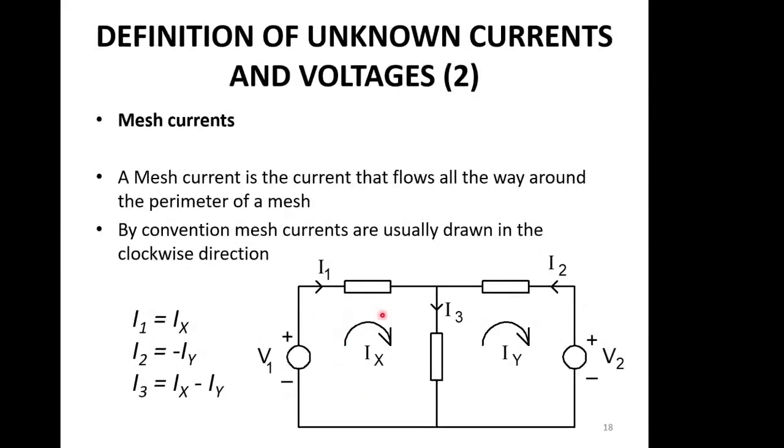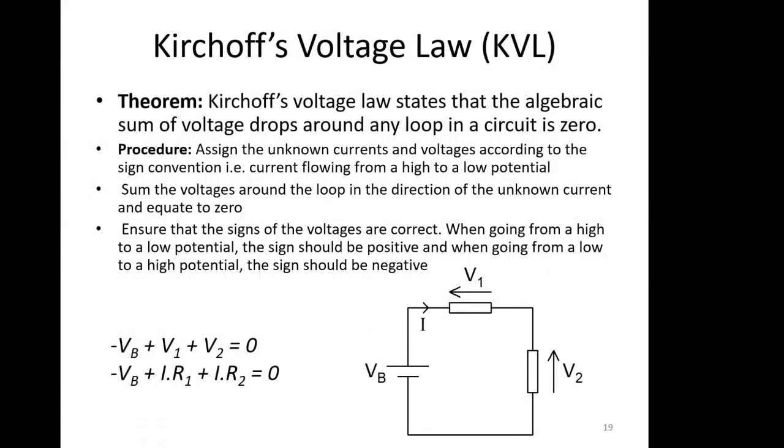So Ix is a sort of abstract concept, and you've got to be very careful where you measure it. You could measure it here because it happens to be the same as I1. If you measured it here, you'd have to also measure these other ones to get to it. So we're starting to get a bit abstract: this is a current flowing in this loop, but it's interacting with the current flowing in this loop as well. Just bear that in mind as we go forward.